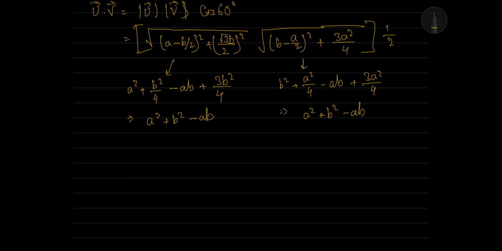So if we multiply these two terms and take the root, it will become half of a squared plus b squared minus ab.